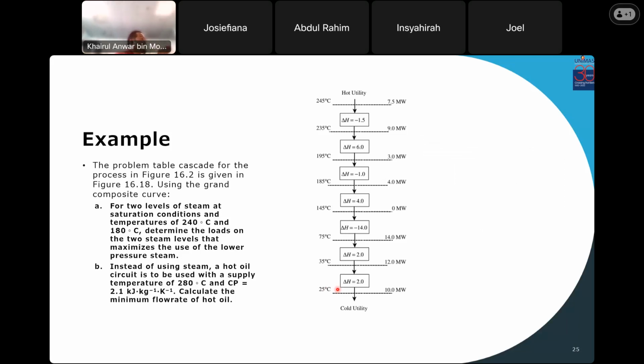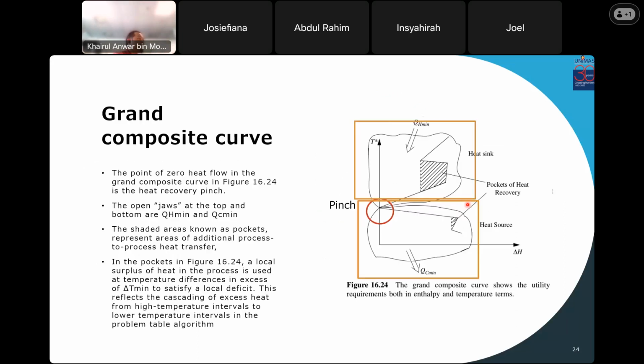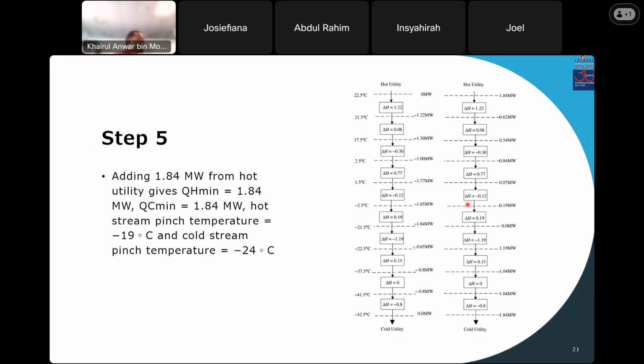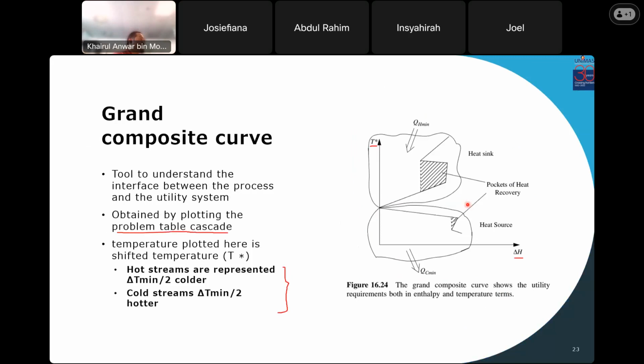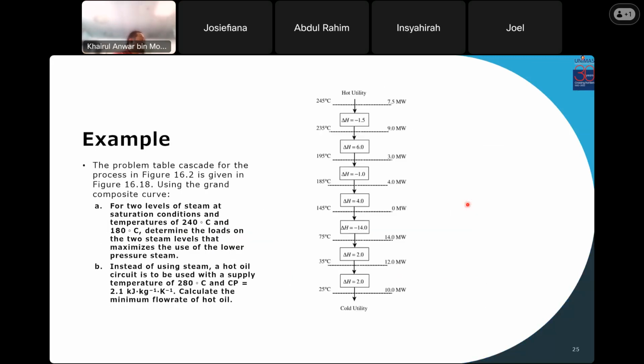You get the cascade. So from here, the minimum hot utility is 7.5 megawatt. This is actually a similar question as before. Only difference is we're using grand composite based on this data given.